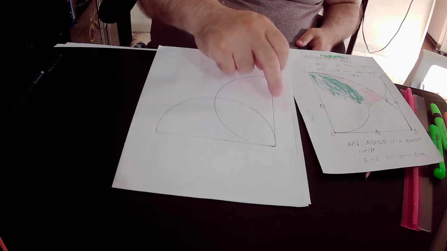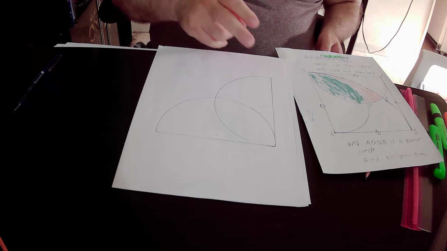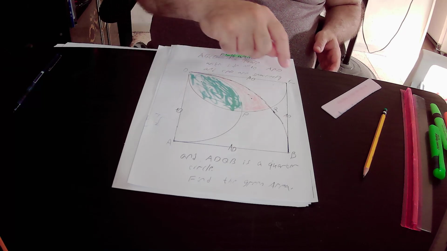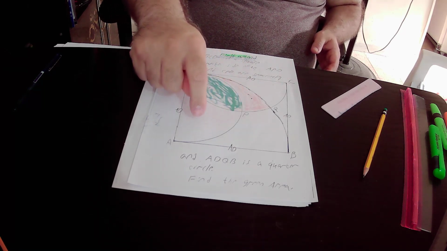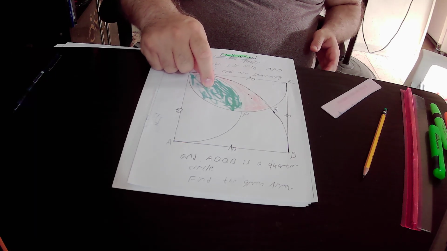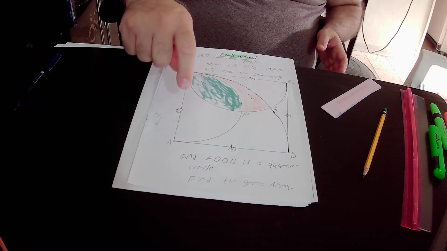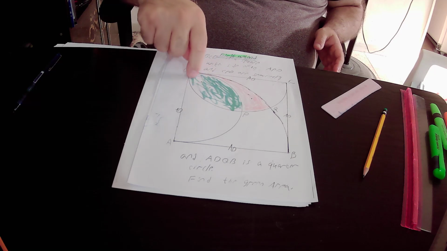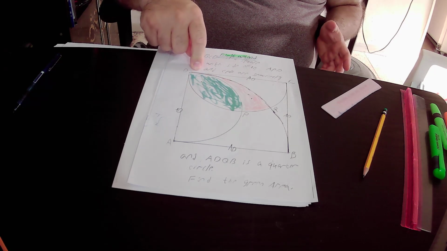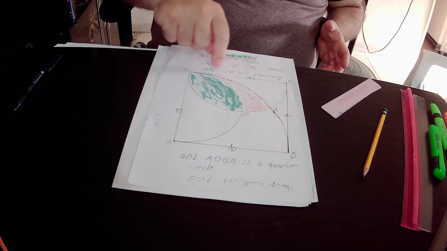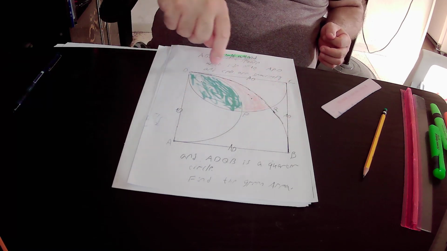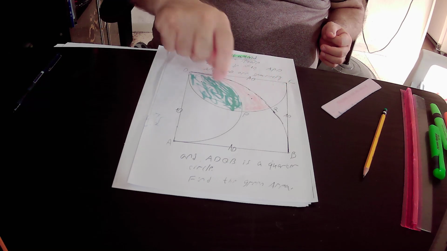Why? Because those two semicircles are perpendicular to each other, exactly like the two semicircles that are perpendicular here that created the blue lens, and exactly like the quarter circle that is perpendicular to this semicircle, and the intersection of those two shapes created the big lens.